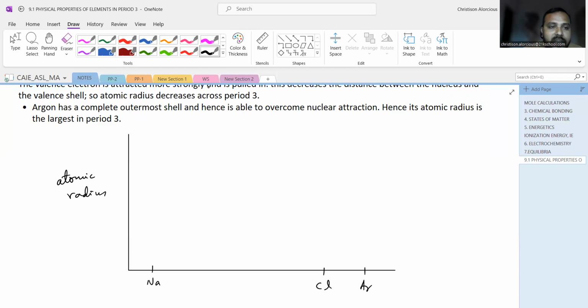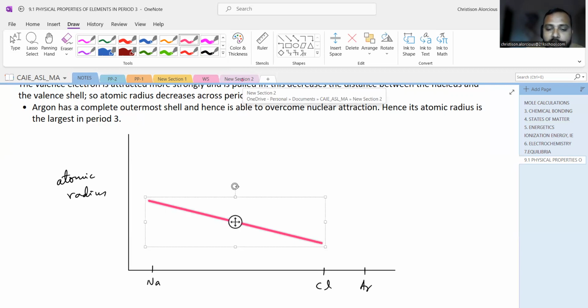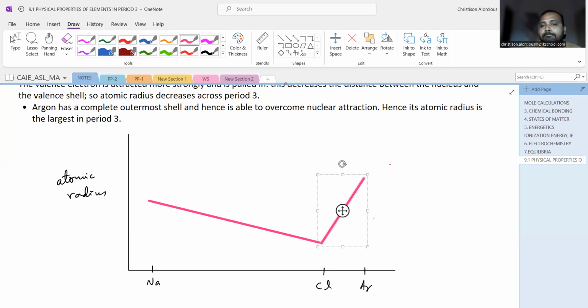I haven't listed the other ones. From sodium down to chlorine, it decreases. I'm only drawing a trend line. I'm not telling you that it changes linearly and is just a straight line. And from chlorine to argon it is actually bigger. In fact, argon is slightly bigger than sodium itself. So please make sure that that is okay.